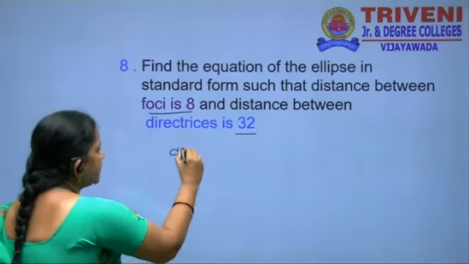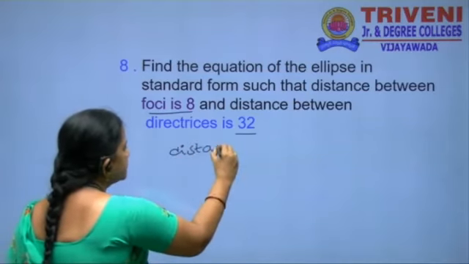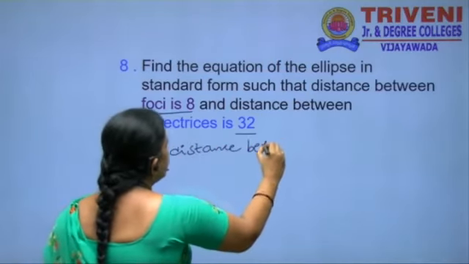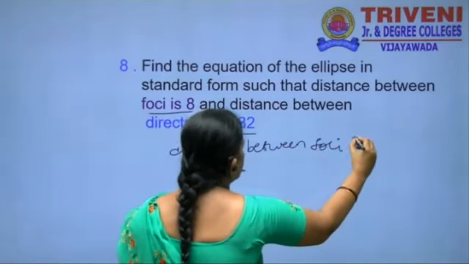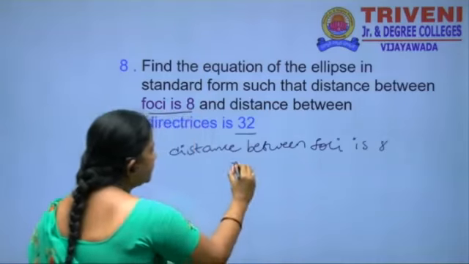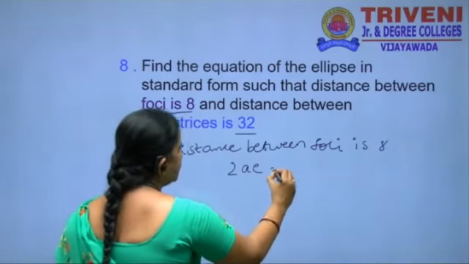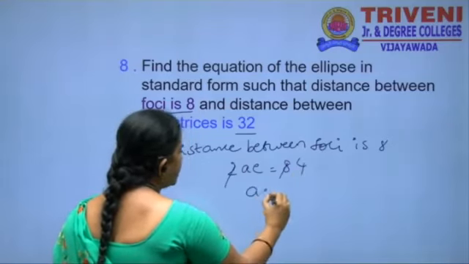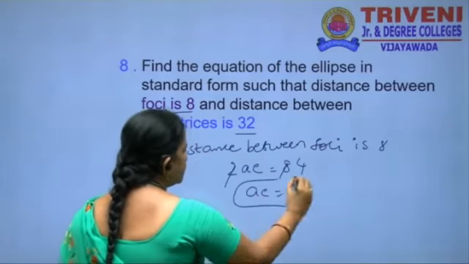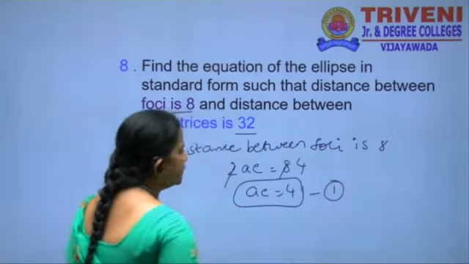The distance between the foci is 8. That is 2ae is equal to 8. 2 will cancel 4 times. ae is equal to 4. We write it as equation 1.